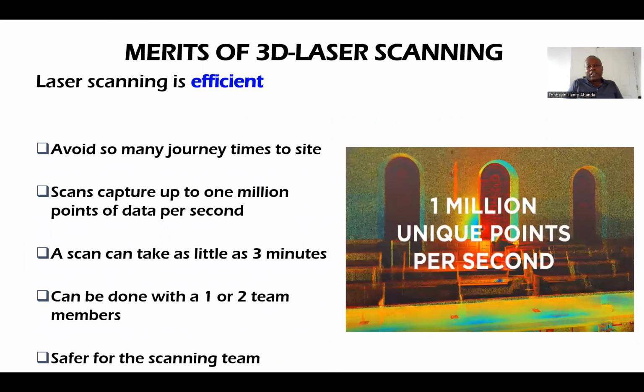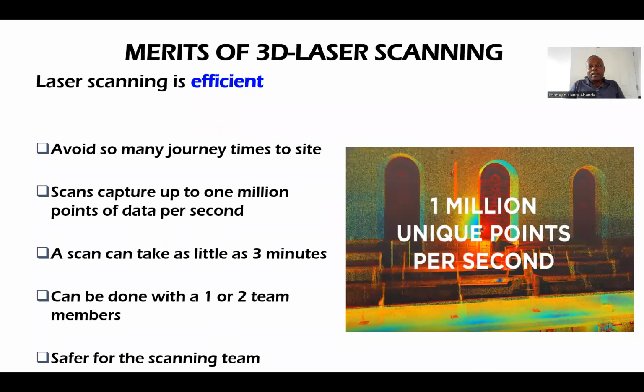Now, the merits of 3D laser scanning. Remember, we started off by looking at the different types of surveying: the manual, the semi-automated, and the advanced automated techniques. Then we took 3D laser scanning as one of the advanced surveying techniques.